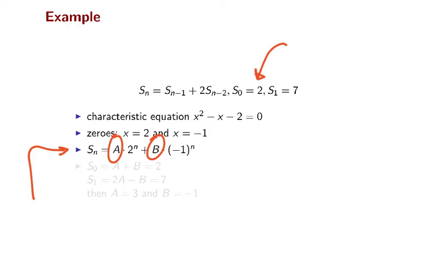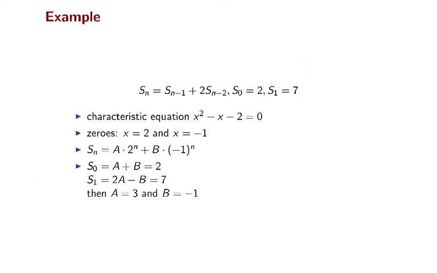Then you use the same formula but for n equal 1, and you calculate S1. When you have the formula for S1, you make it equal to 7. And then you have the system of equations given by the initial conditions. Now you solve the system, and you will get that the numbers that solve these two equations are 3 and minus 1.